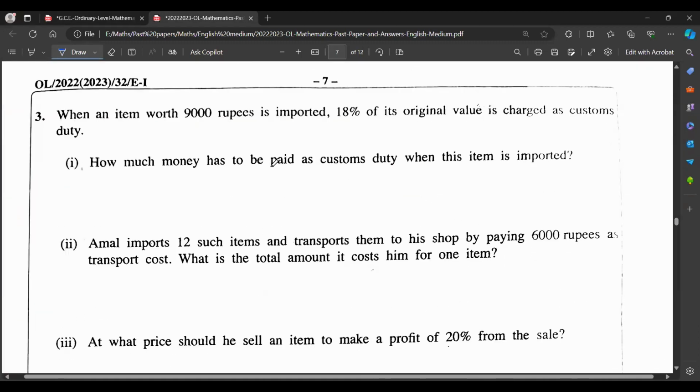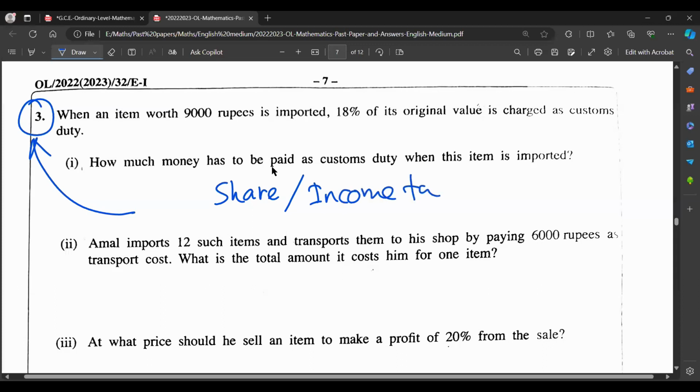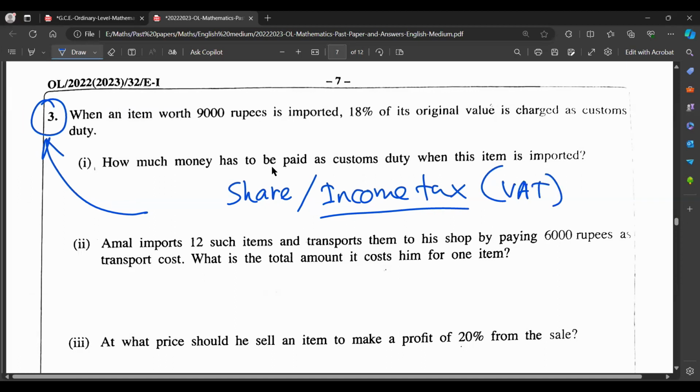Normally, look at the third question, they ask with the share market. Otherwise they will ask income tax or taxes related questions or VAT. I believe mostly 80% will be asking from the share market, 20% like this.